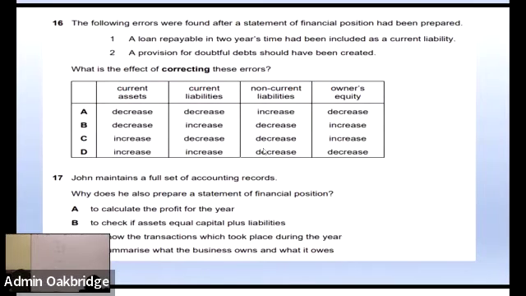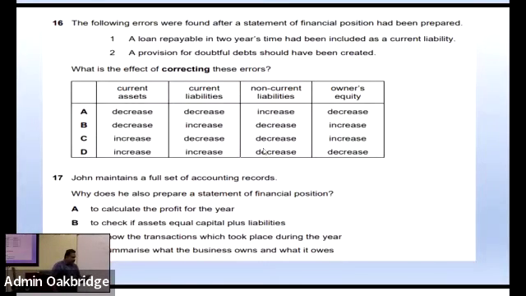The following errors were found after a statement of financial position had been prepared. SOFP already prepared. What is the error? Loan repayable in 2 years' time had been included as a current liability. A provision for doubtful debts should have been created.